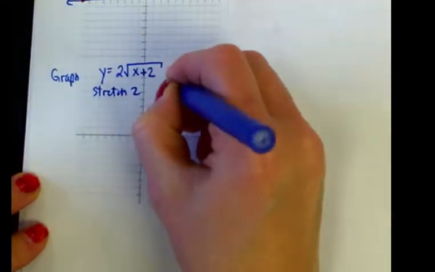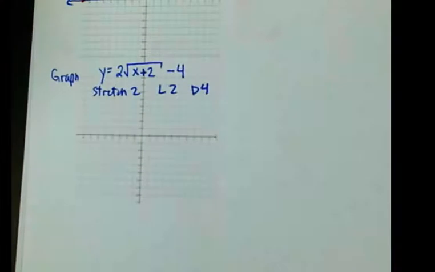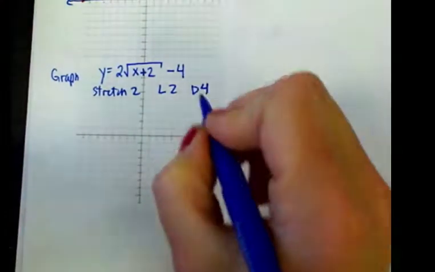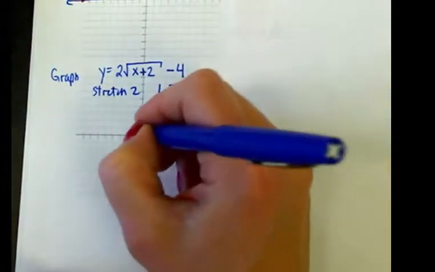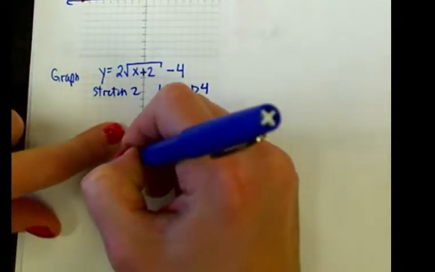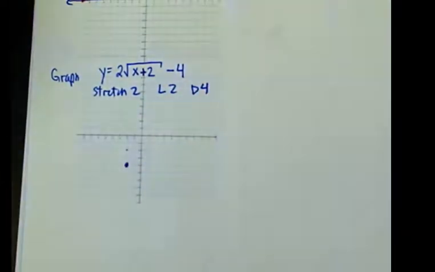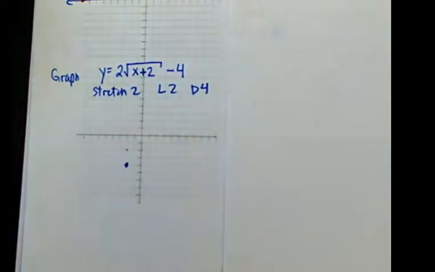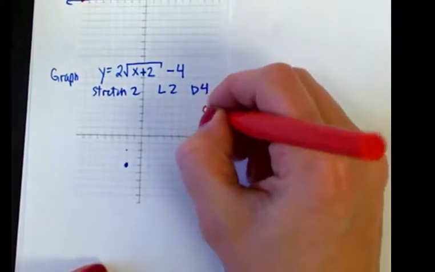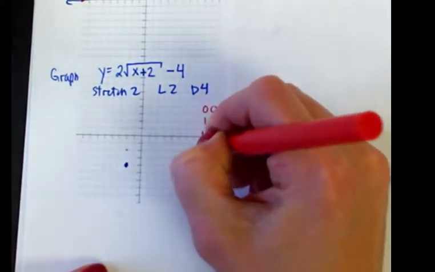Stretch 2, left 2, down 4. Okay, the starting point, not the center, the starting point. Left 2, down 4. Okay, and let me write my counts to make sure I get them right. 0, 0, 1, 1, 4, 2.